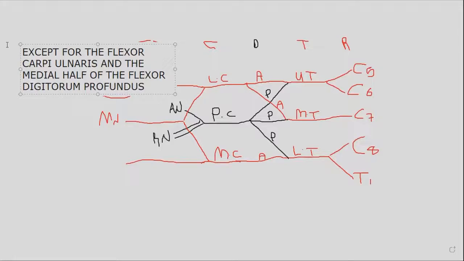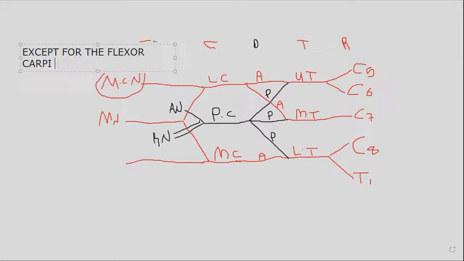So the median nerve innervates all the muscles on the flexor compartment of the forearm except for the flexor carpi ulnaris and the medial half of the flexor digitorum profundus. Okay. Then from there, the median nerve is also going to innervate 5 muscles on the hand.